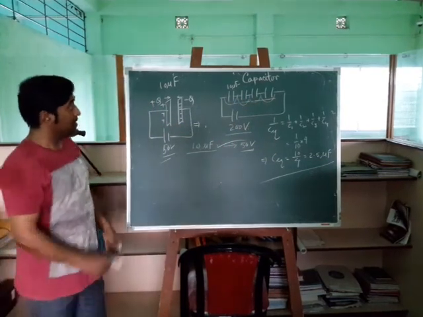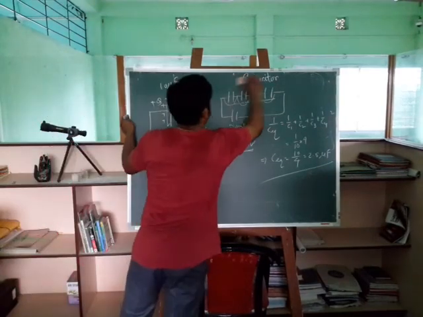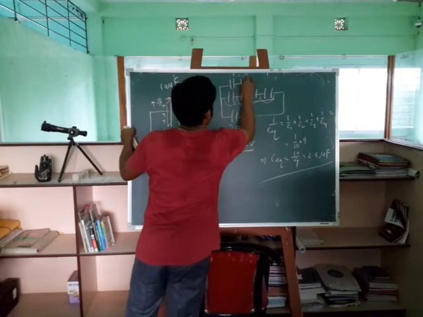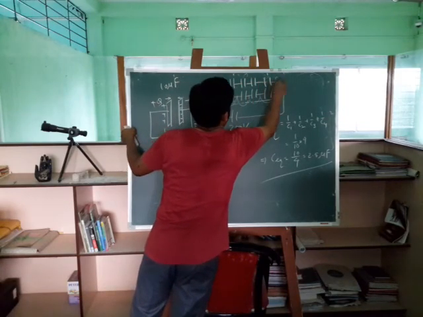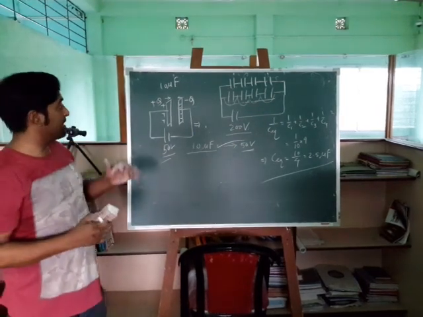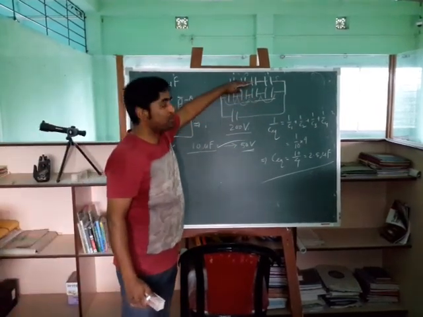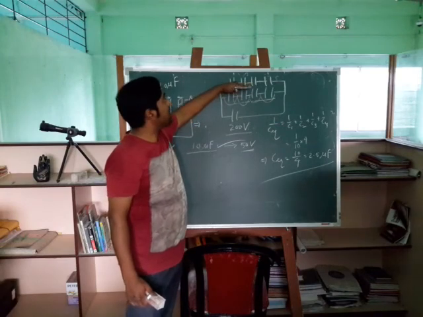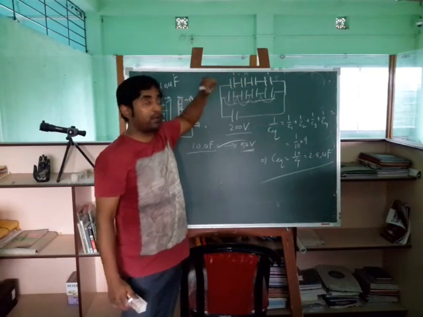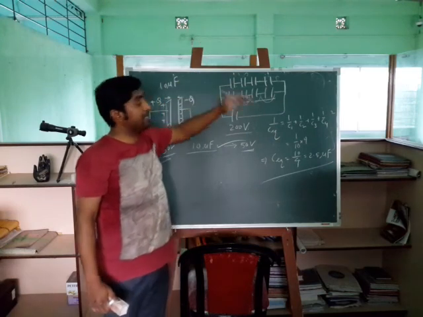That is good. What if we have another series like that here? Then these are in parallel. Now for a parallel combination, the equivalent capacitance would be 2.5 plus 2.5, that is 5. If we have another one, then the equivalent would be 7.5 microfarad. Another one, that will be 10 microfarad.